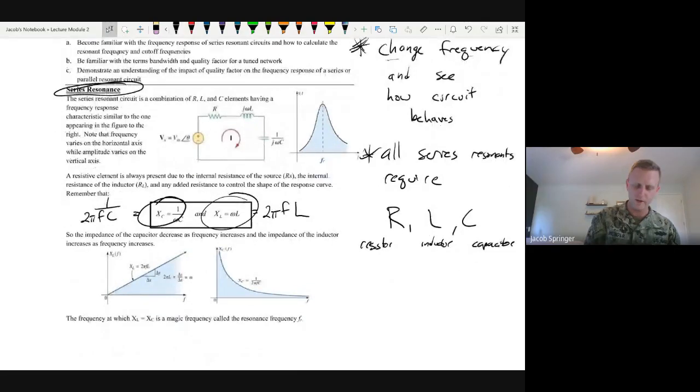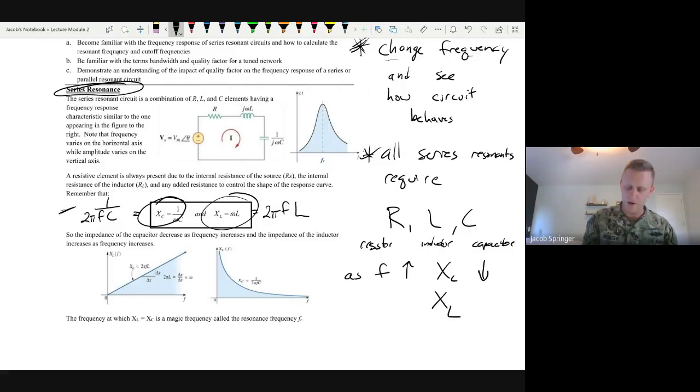But if F were to go up, what would happen? If F is going up inside of this one right here, then X sub C, the reactance of the capacitor, would go down. And the X sub L of the inductor would go up.